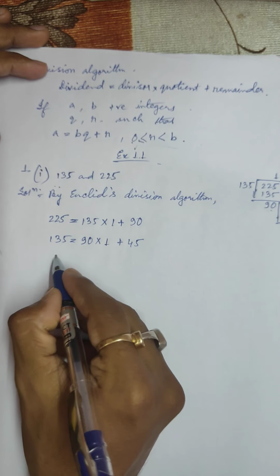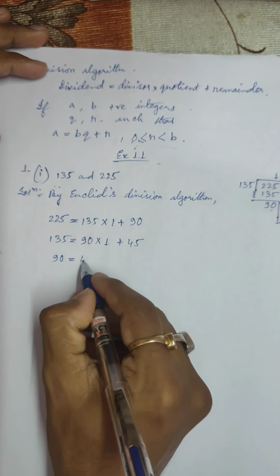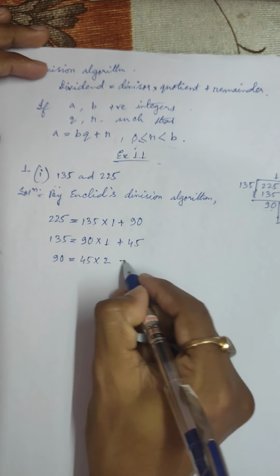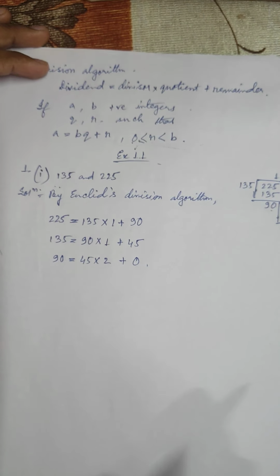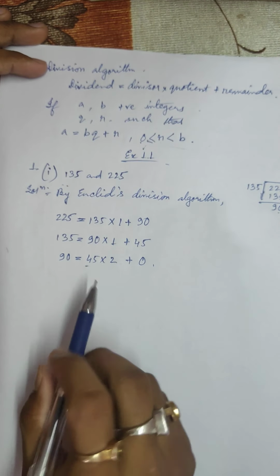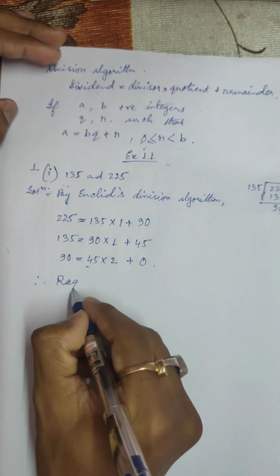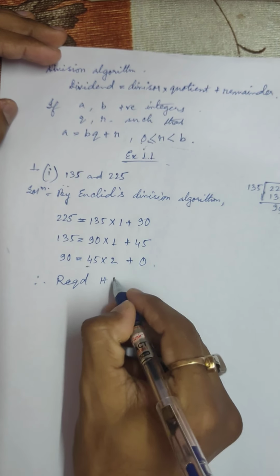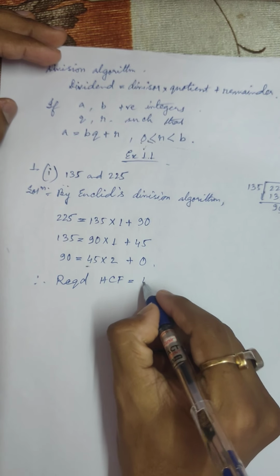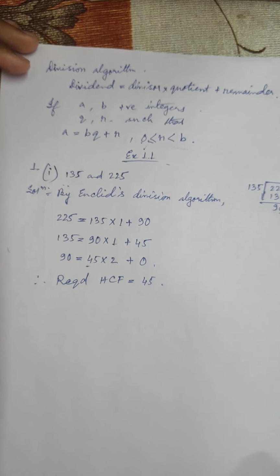In the next step, dividend is 90, divisor is 45, quotient 2 and remainder is 0. Now in this case, this divisor is the required HCF, therefore required HCF equal to 45.